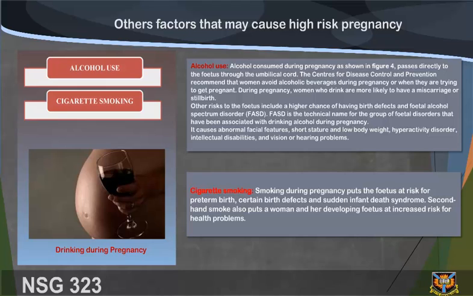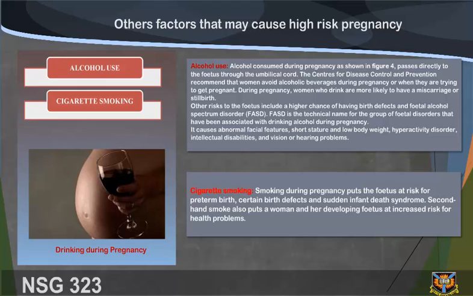Other risks to the fetus include a higher chance of having birth defects and fetal alcohol spectrum disorder (FASD). FASD is the technical name for the group of fetal disorders that have been associated with drinking alcohol during pregnancy. It causes abnormal facial features, short stature, and low body weight, hyperactivity disorder, intellectual disabilities, and vision or hearing problems.